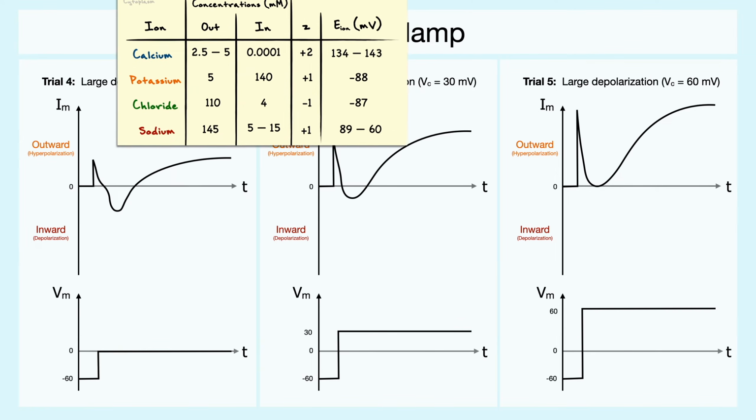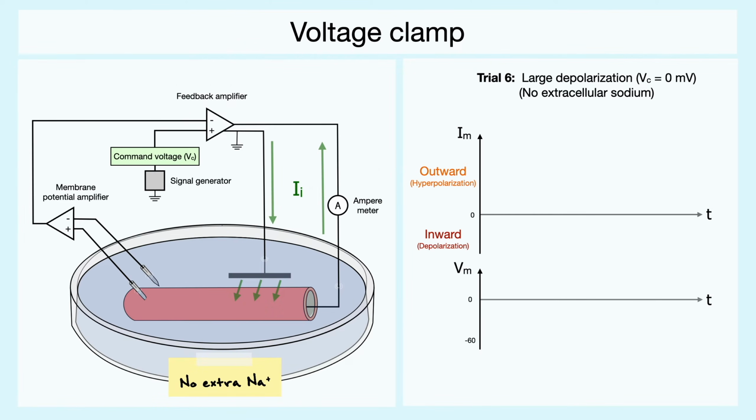Another line of evidence of sodium's involvement in the process comes from another experiment where the sodium is removed from the extracellular solution. The removal of sodium from the outside solution now makes the equilibrium potential for sodium very negative.